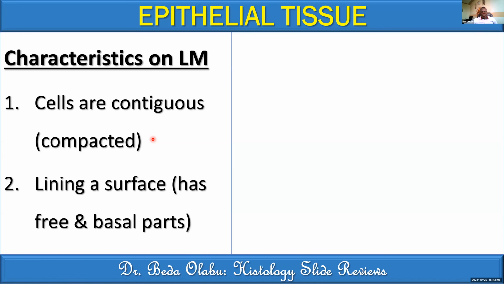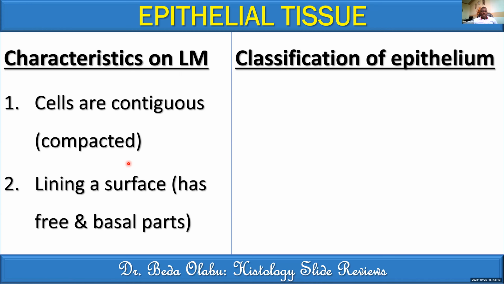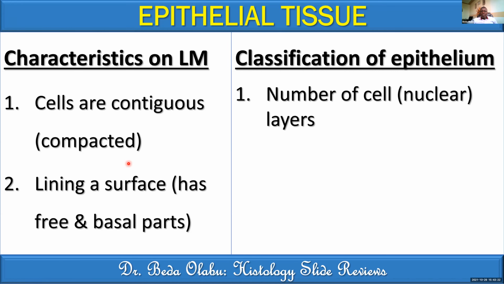So having said so, once you've established that the slide is epithelium, what next? The next thing is to classify the epithelium. What do we check? You first check the number of cells. We will not see the outline of the cell membrane on light microscopy. What you'll see is the nuclear zones.